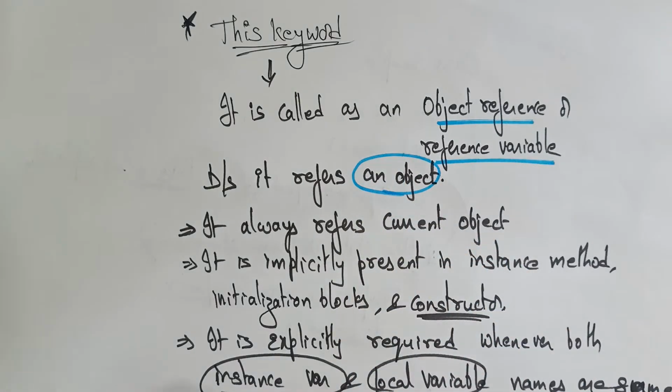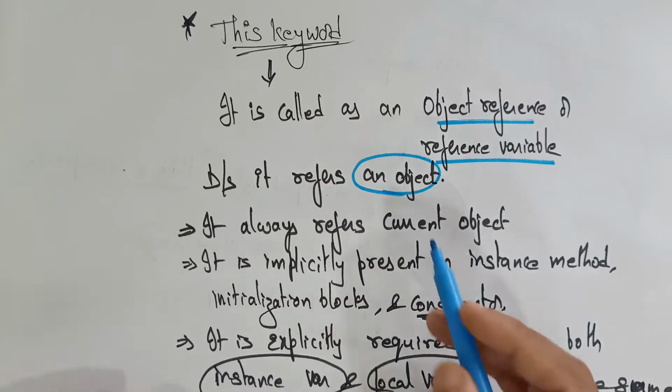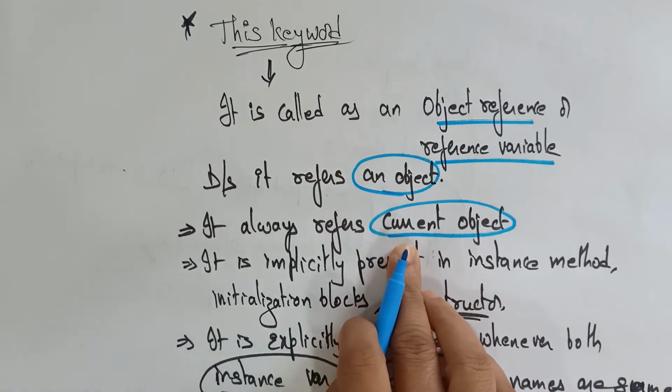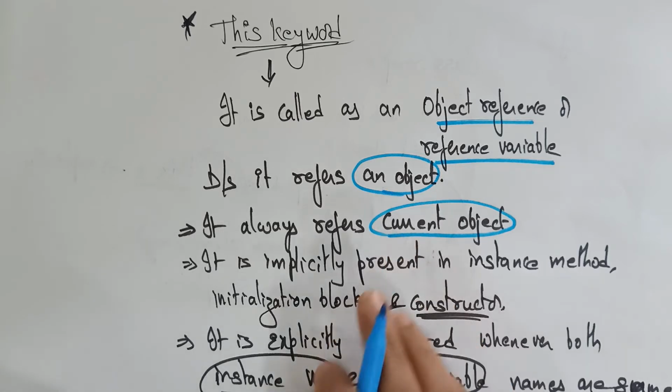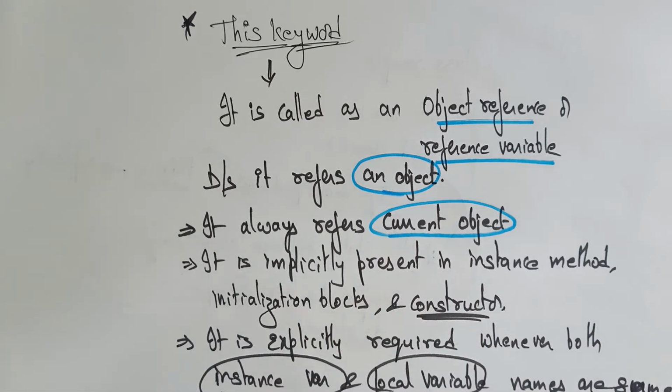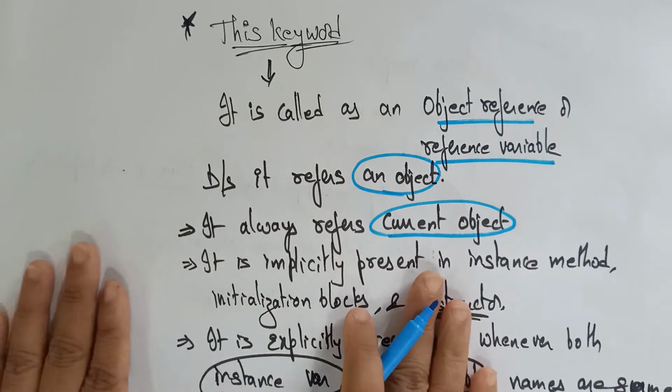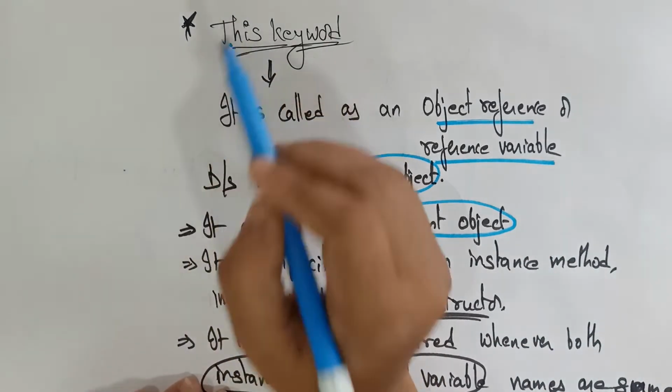Why are we calling it an object reference or reference variable? Because it refers to an object. It always refers to the current object. Note down: it always refers to the current object. This dot means the current object, whatever it is, that is going to be referred to by the this keyword.